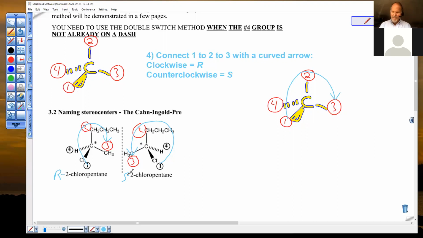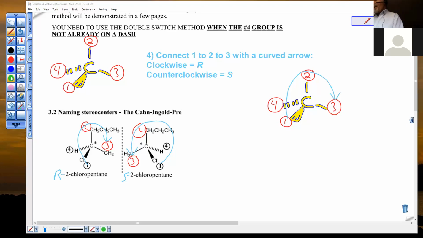We're not skipping those sections. I just want to get to this because it belongs with your introduction to nomenclature. They need to be together. So R, S, stereocenters, that's all you need from chapter 3. Okay, we'll do another example before we move on to this double switch method.